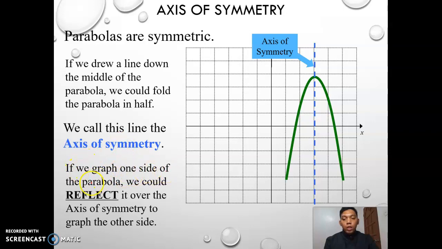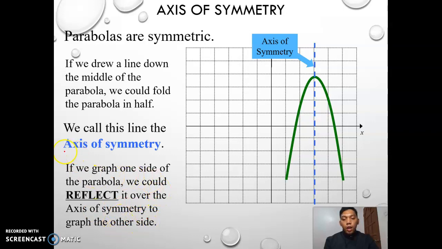If we graph one side of the parabola, we could reflect it over the axis of symmetry, using the points that you accumulated from one side, and then connect them using a smooth curve.